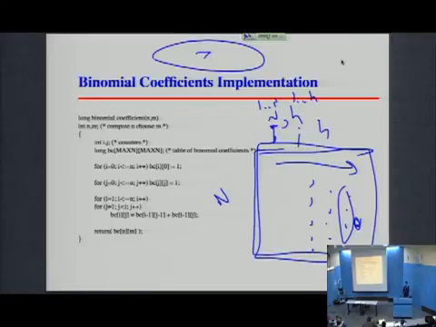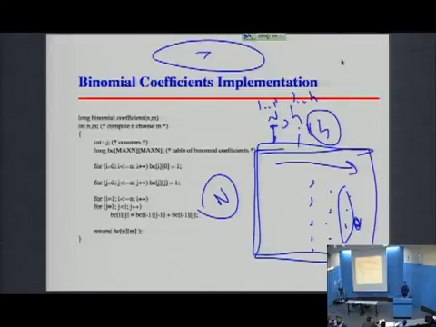What is the running time of this algorithm if I want to compute n choose k? Okay, this is a big point here to think about. What is the running time of this algorithm? It is going to be the number of cells we fill in times the amount of time it takes to fill in each cell.